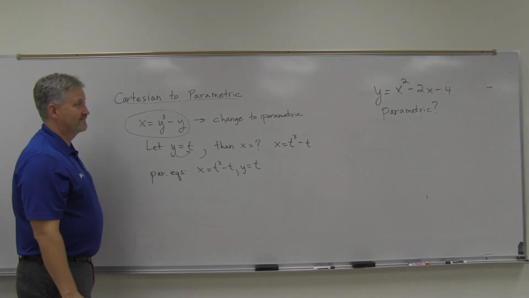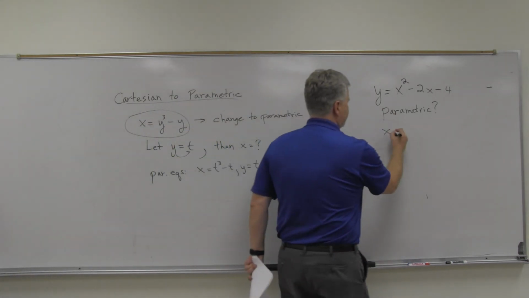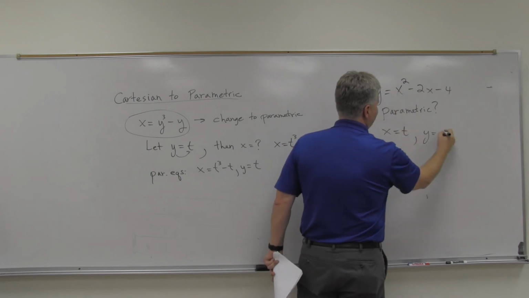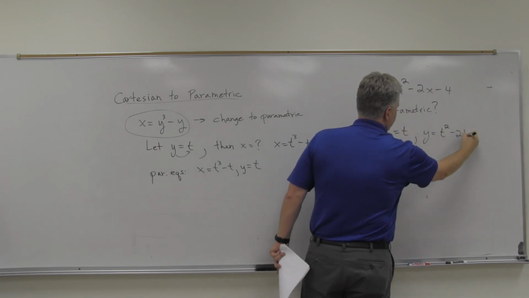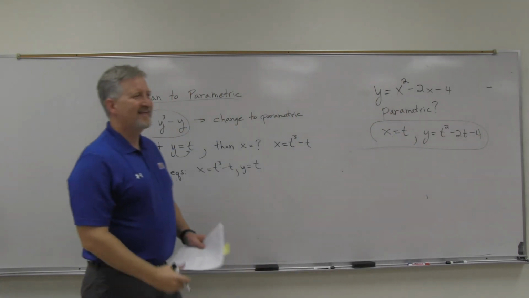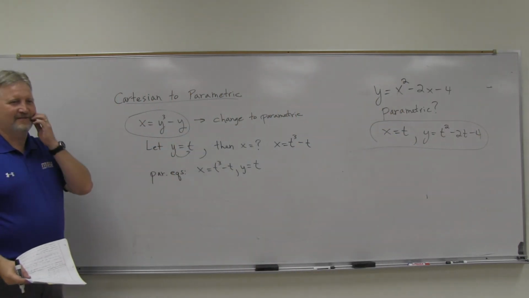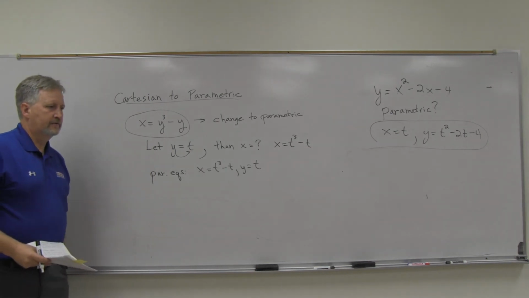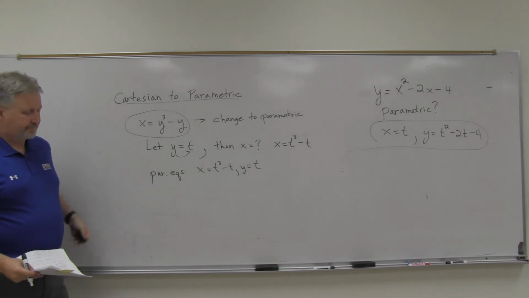X is t, and then y equals, well, if x is t, then that's t squared minus 2t minus 4. Okay, that's what I was saying. Going that way is a little easier. All right?